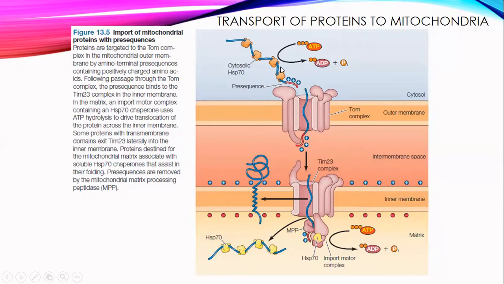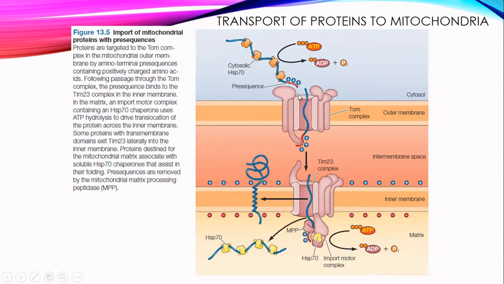It uses an energy. And at the same time, a protein called HSP70. So this is the pre-sequence protein. Papasok siya. So once it is activated, papasok siya sa TOM complex in the outer mitochondrial membrane.